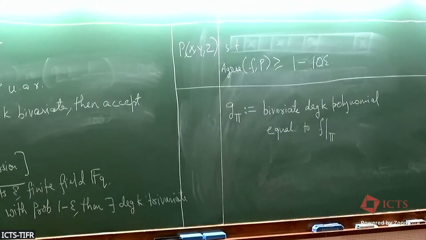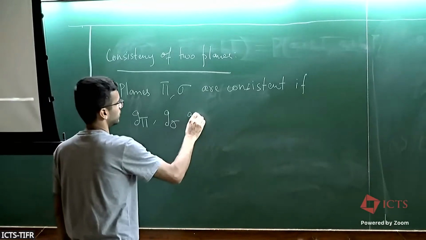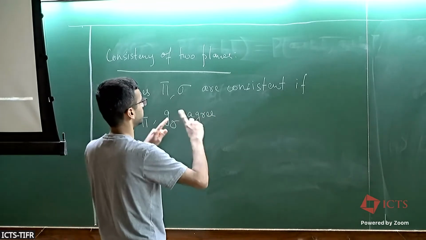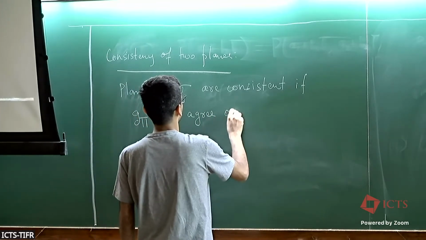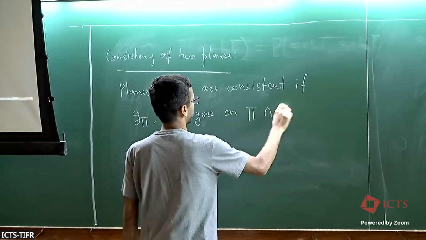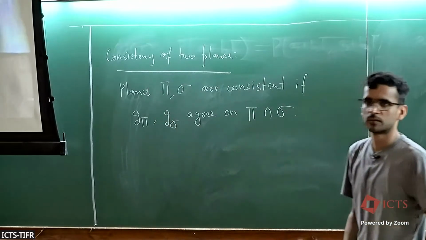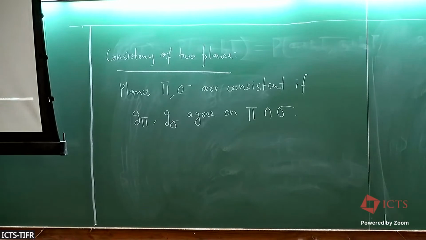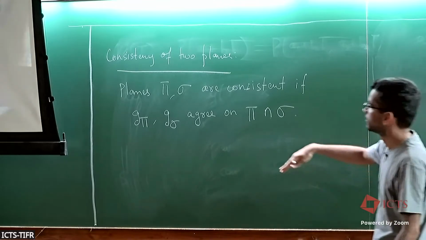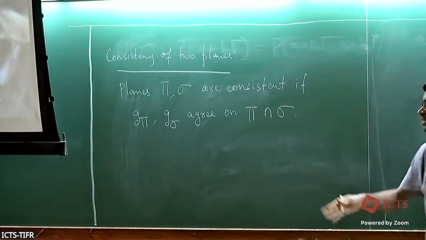Planes pi and sigma are said to be consistent if g sub pi and g sub sigma agree on the points where the planes intersect, so they agree on pi intersect sigma. If they intersect, they are giving you values at common points, and they better agree on these common points. If pi and sigma don't intersect, this is vacuously true.